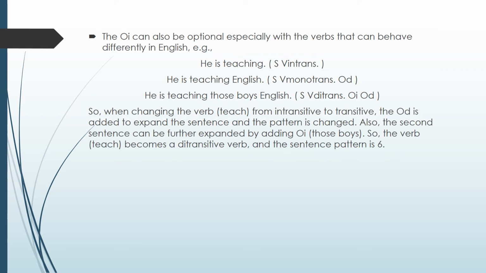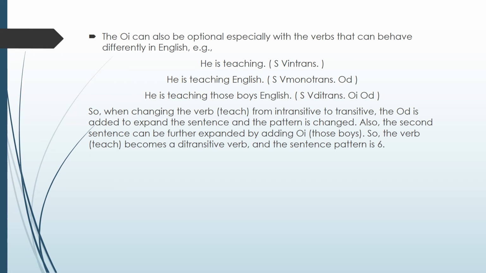The last element that we need to talk about to see whether it can be optional and obligatory is the indirect object. Again, we have to go back to the same type of verbs that can behave in two ways in language. They can be intransitive and transitive. Before we talked about the verb eat, and now we can see another verb, which is the verb teach.